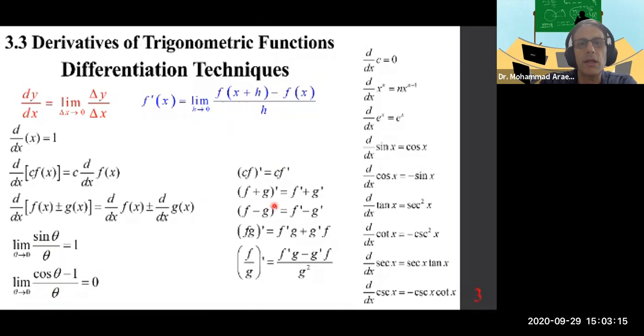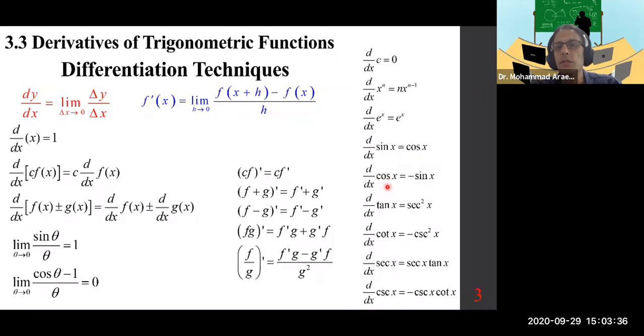This is the product and quotient rule, the sum and difference rules over here, the constant, the power rule, the exponential rule, and now these are the rules for trigonometric functions. So let's quickly recap. The derivative of sine is cosine.